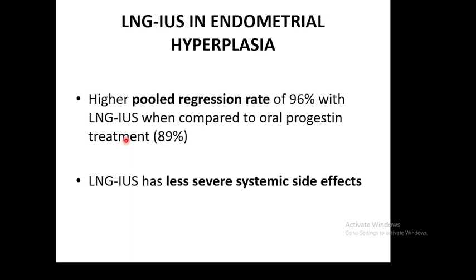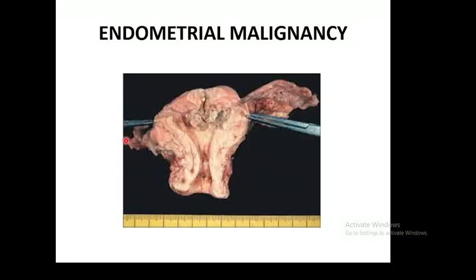This LNG-IUS gives a very high concentration of progestins inside the uterus where there is the precancerous stage. There are fewer systemic adverse effects and it reverses the hyperplasia.